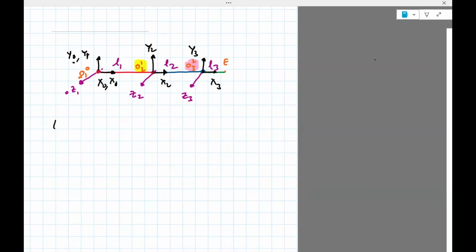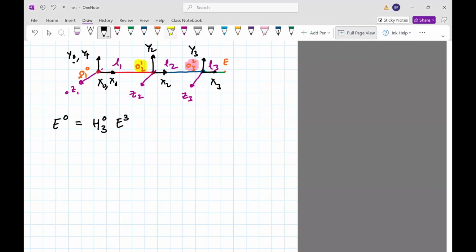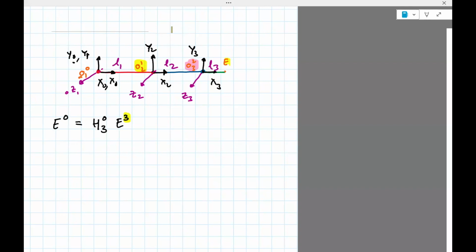Okay, so I need the position of the end effector in frame 0. The way you do that is that's simply H30 times E in frame 3. Note that this is frame 3, the position of this point in this frame.